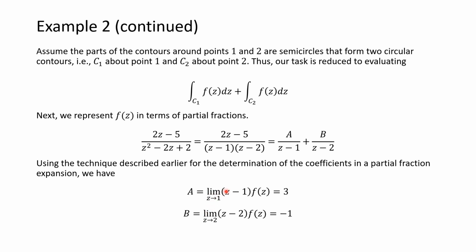So if we multiply by z minus 1, then we get a, and then z minus 1 over z minus 2 times b. But when you plug in z equals 1, this drops out, so you just get a. And then when you multiply by z minus 1 and take the limit, the z minus 1's cancel and you plug in 1 for z, and you get 2 minus 5, which is minus 3, over minus 1, and you get 3. And you do the same thing to find b, and you get minus 1. So let's continue on the next slide. We're almost done.